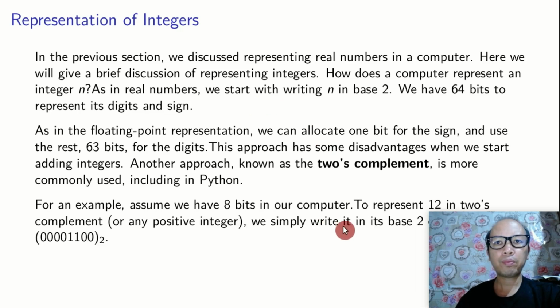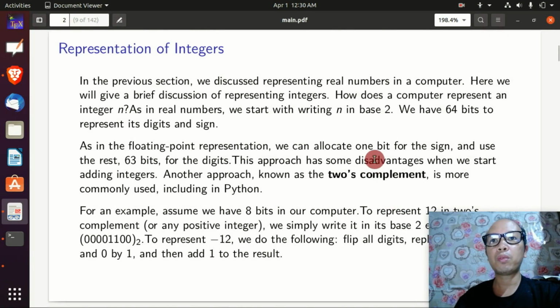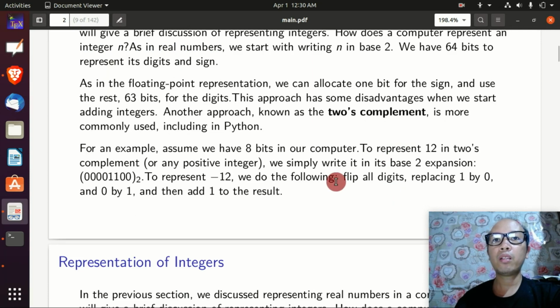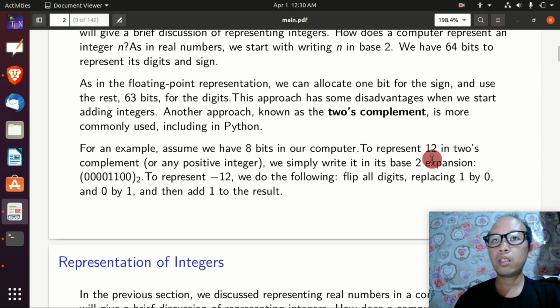Okay, here for example, if you have the number 12 and you represent this number 12 in binary, the result is this one. We know already how to convert a decimal number to binary.